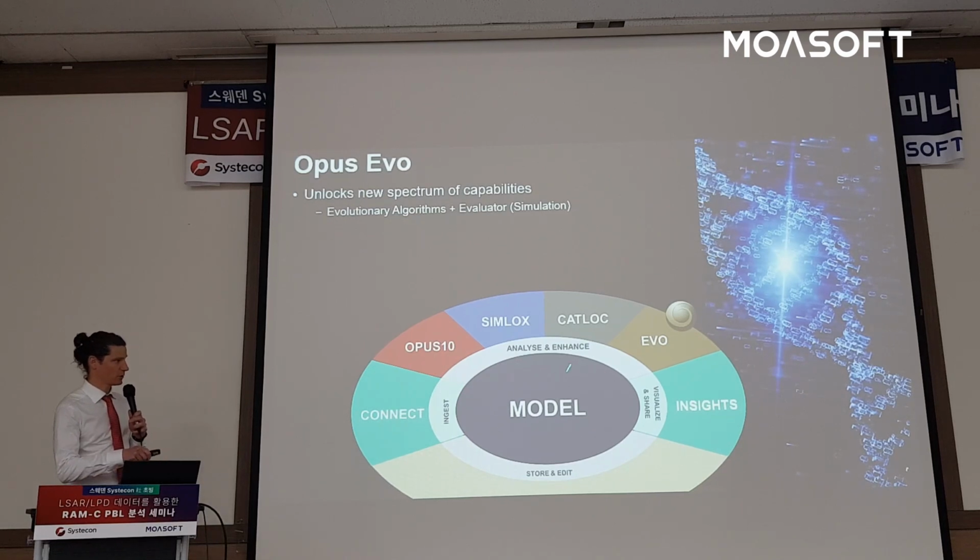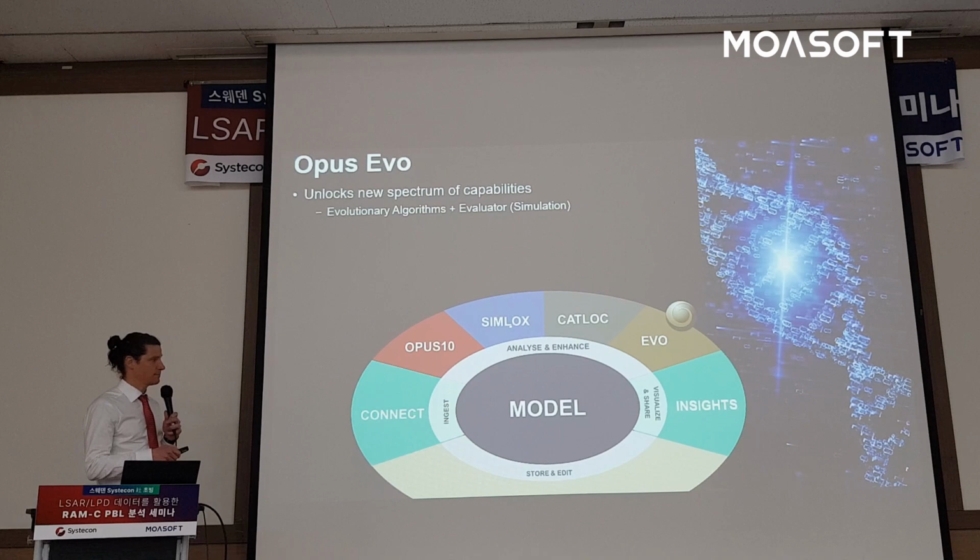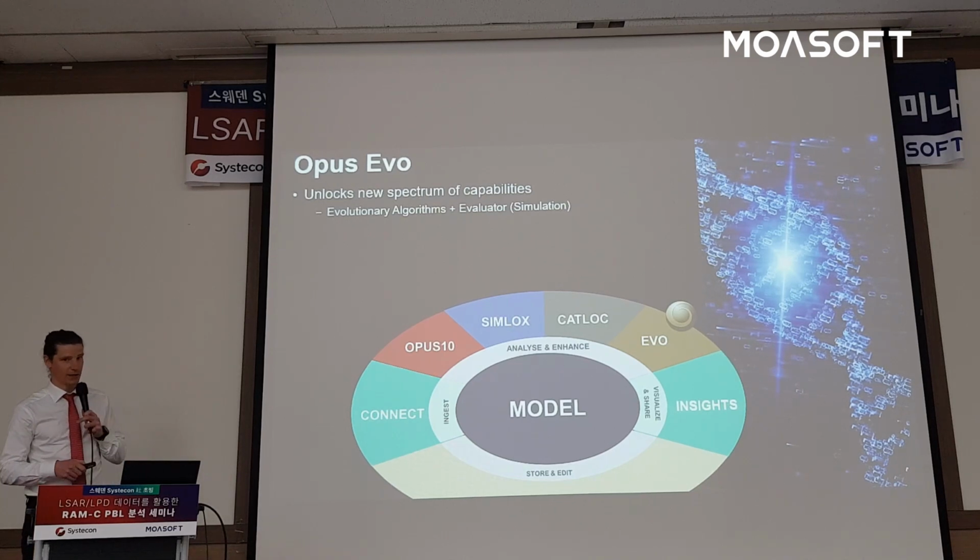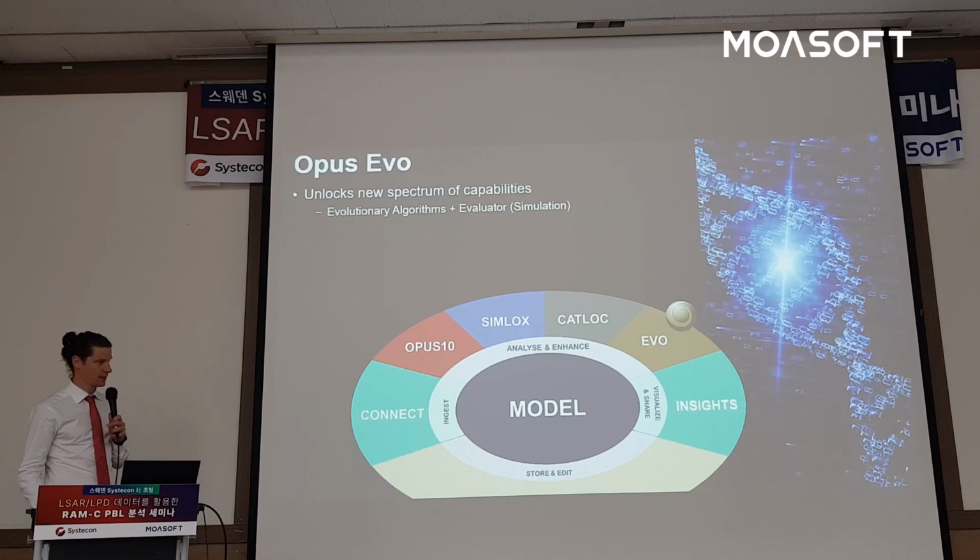We have the Opus Suite model that I talked about before as well. Hopefully we have gathered the information, we got it in, we have built our model, and then we use Simlogs as an evaluator to tell if one solution is better or worse than the other. So this is what Evo does. It's a very good complement to the rest of the tool suite.